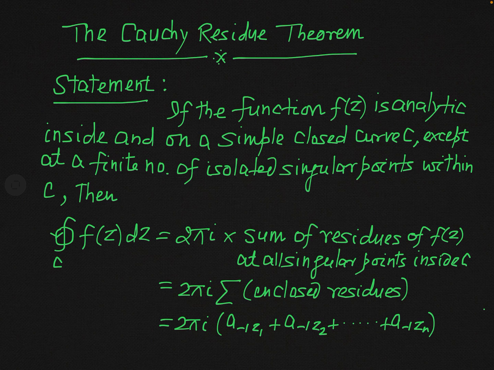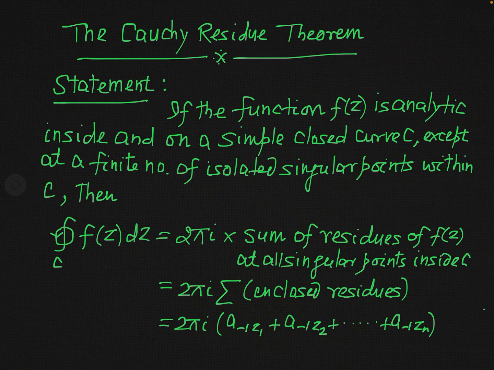In a problem, there may be some singular point which is outside of this region, but we do not have to evaluate residues at those points which are outside of the closed curve C. Or in other words, you can say this integral of f of z along C is equal to 2 pi i summation enclosed residues.